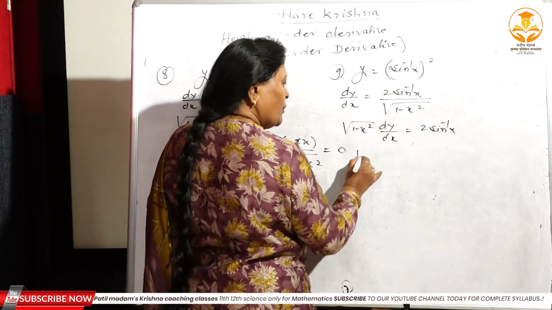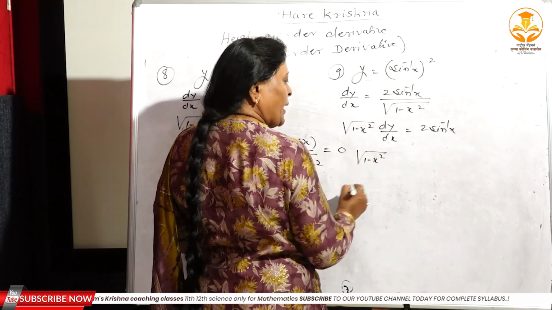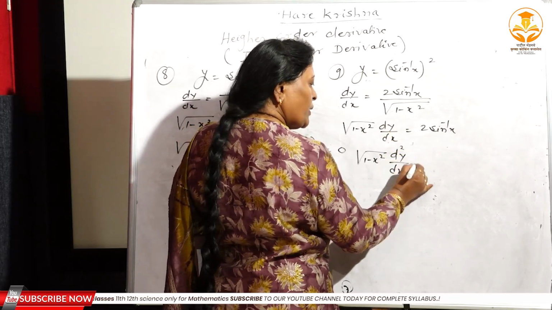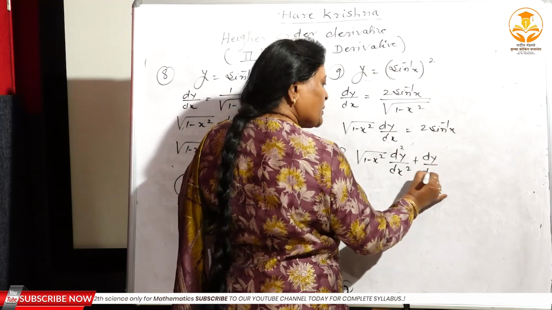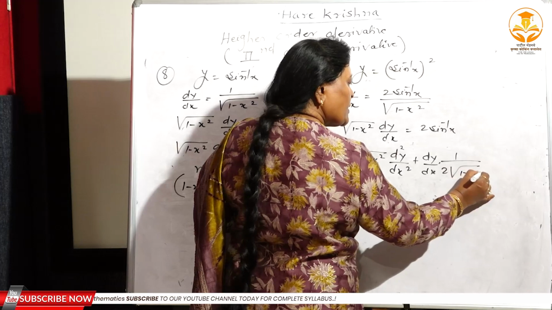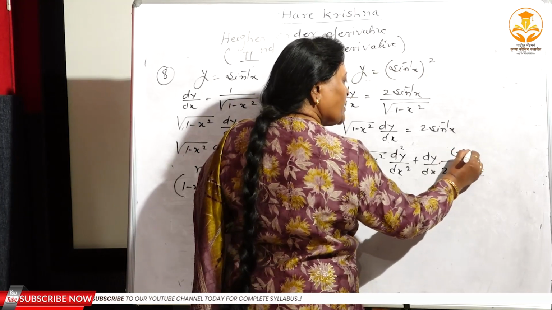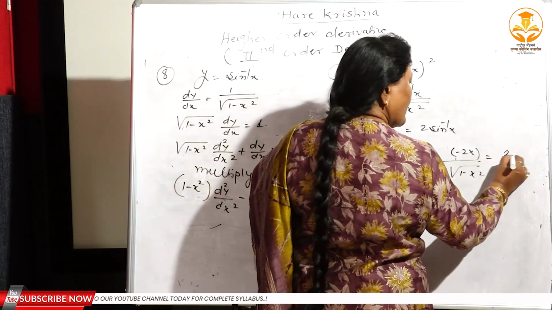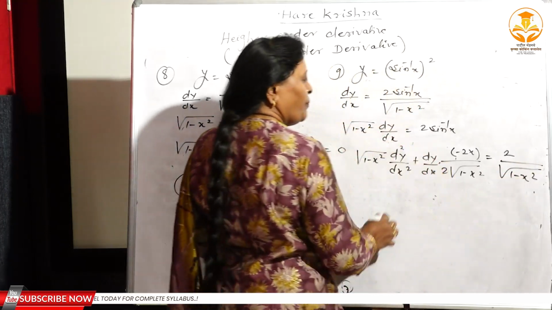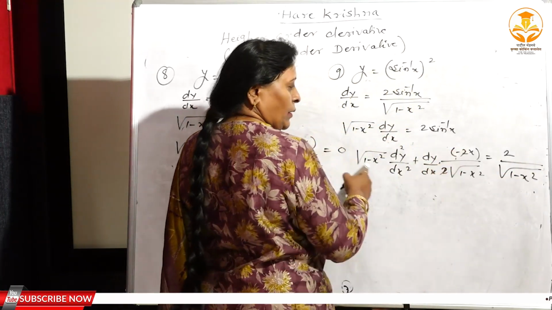Apply the multiplication rule. Root of 1 minus x square remains as it is. Again the derivative of this is d2y divided by dx square, plus dy by dx remains as it is. Again 1 upon 2 root of 1 minus x square, and the derivative of minus x square is minus 2x. Here 2 remains as it is. The derivative of sine inverse x is 1 upon root of 1 minus x square, isn't it? 2 gets cancelled.